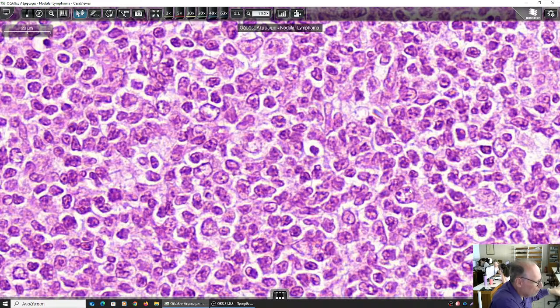So it's a non-Hodgkin B-cell lymphoma. The lymphomatous cells do not express CD3, they are B cells. They express markers of B-cell differentiation, CD19, CD20.